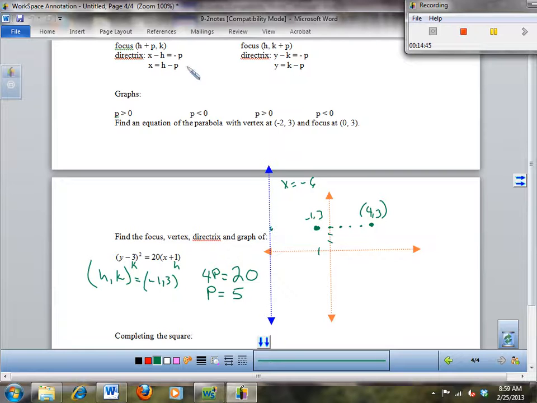Or h minus p would give you 4 minus p. Yeah, that works. Or you could just draw a picture of it.